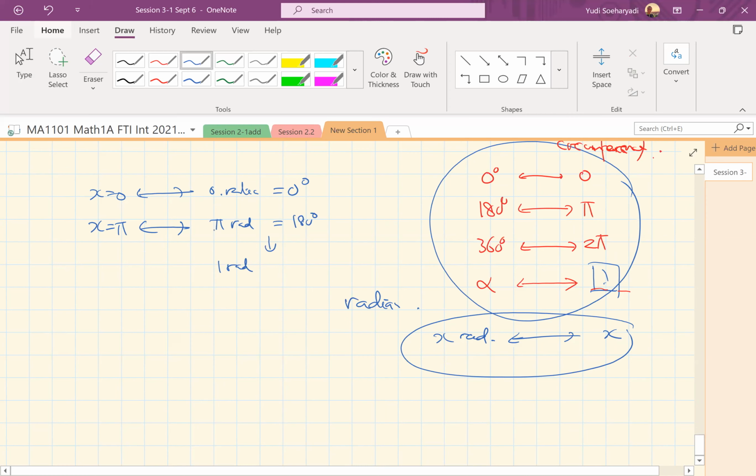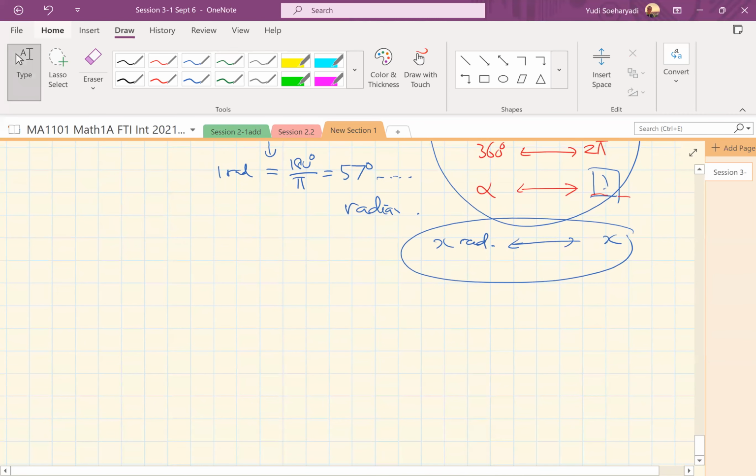Pi is a number, and on the right-hand side we have angles in degrees, so a radian must be an angle in degrees. 1 radian is 180 divided by pi, which is 57 degrees plus some minutes and seconds.